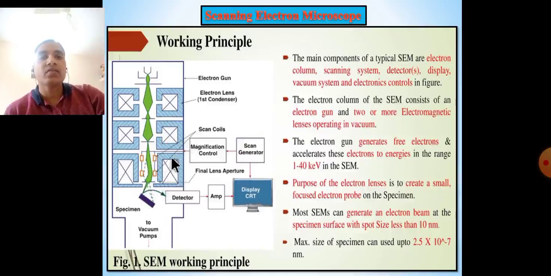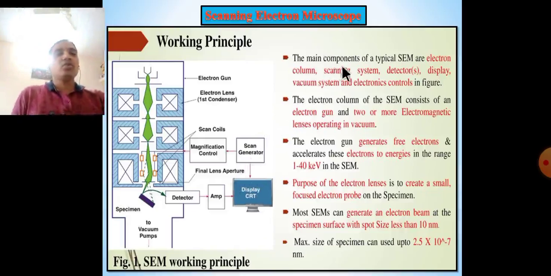Then the scanning coil and magnification. The electron beam passes through these lenses to the specimen in the vacuum chamber, then to the detector, amplifier, display CRT, scan generator and magnification control.